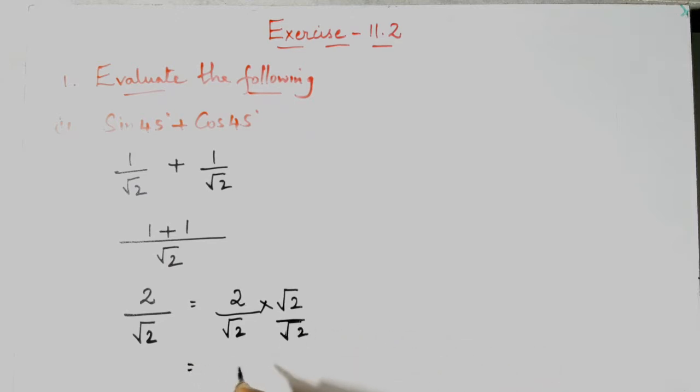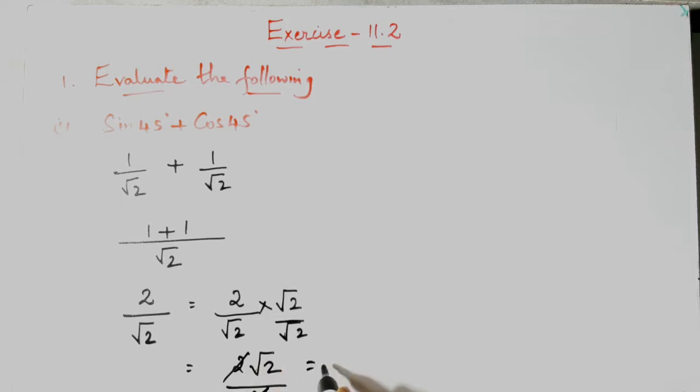So what happens? 2 root 2 by root 2 into root 2, which is 2. So 2 cancels. So what is the answer here? Root 2. Like this we are going to solve the problems in exercise 11.2.